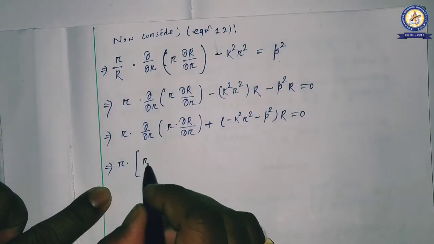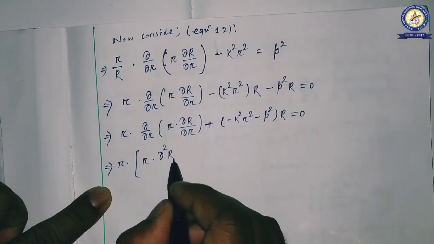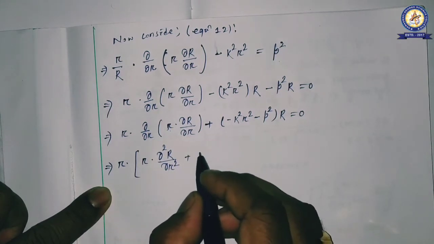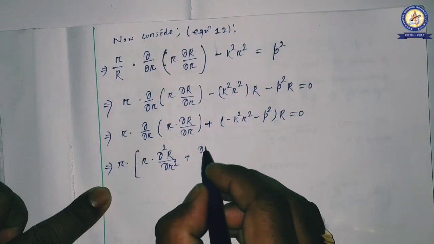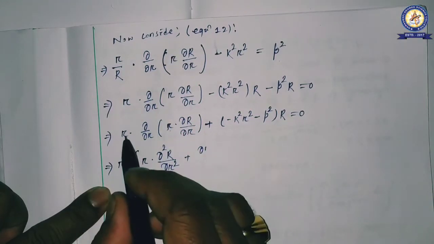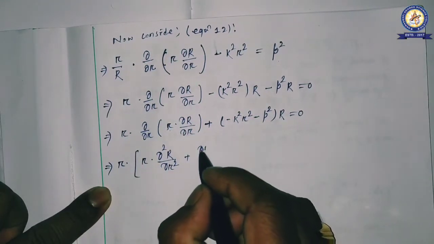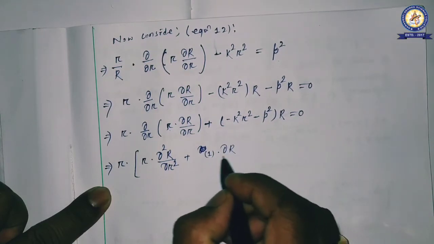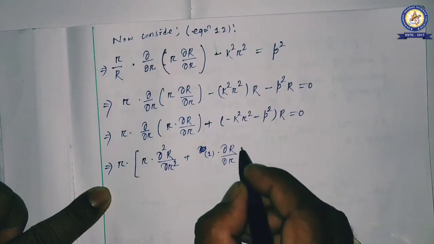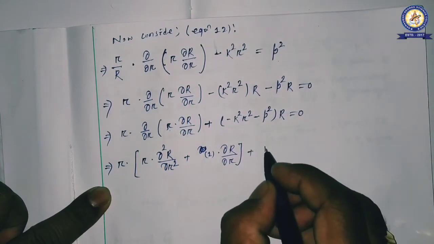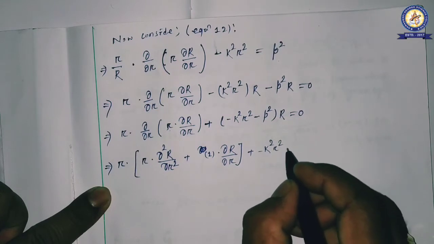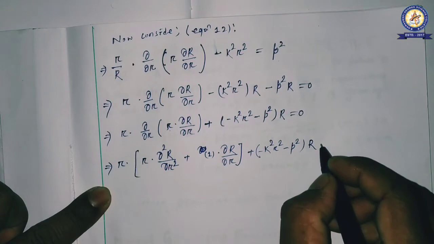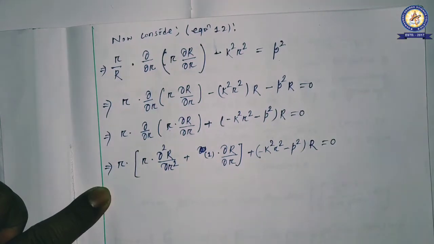So this will be r into del square capital R by del r square plus del r by del r, that means 1, into del capital R by del r, plus minus k square r square minus p square into capital R equal to 0.